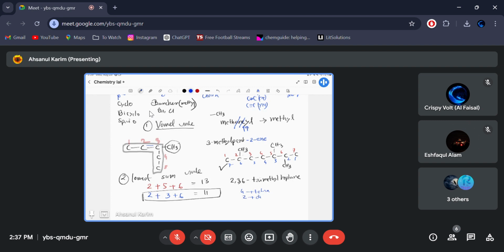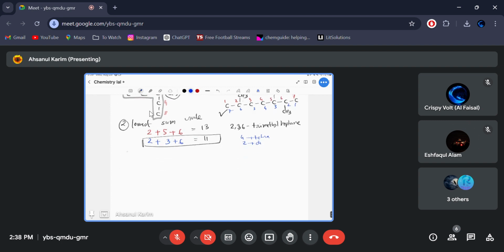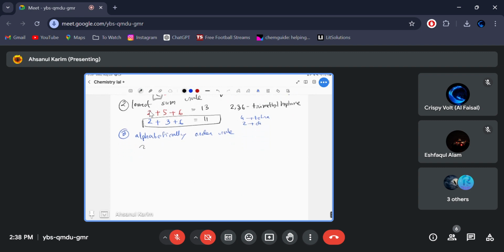Okay, then what we have is the alphabetical order rule, correct? What is the alphabetical order rule? For example, in this one I have carbon, carbon, carbon, with a methyl group here and a bromine group here.